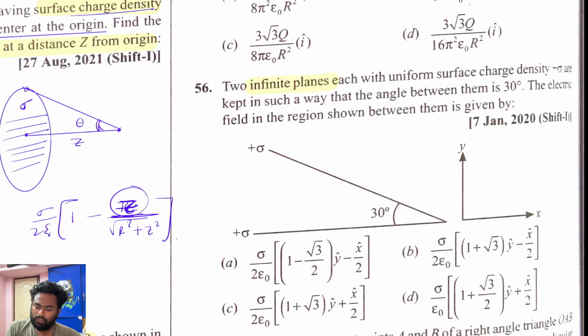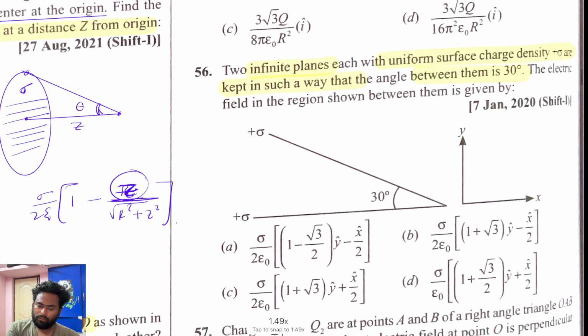Two infinite planes, each with uniform surface charge density plus sigma, are kept in such a way that the angle between them is 30 degree. The electric field in the region between them is given by. Okay, so at any point, the electric field due to this plus sheet will be in this direction, sigma by 2 epsilon naught, and due to this one, it will be in this direction, perpendicular to the sheet.